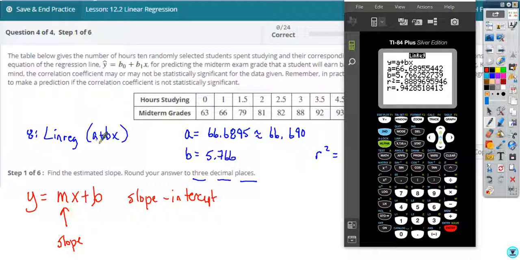So when we look at our linear regression, our number in front of the x is our B value. So that number right there is our slope, because it's the number that's in front of the x. It doesn't matter that B was used here in this equation as B was used there, because variables are variables. They represent different things at different times. What we care about is that our slope is the number in front of the x.